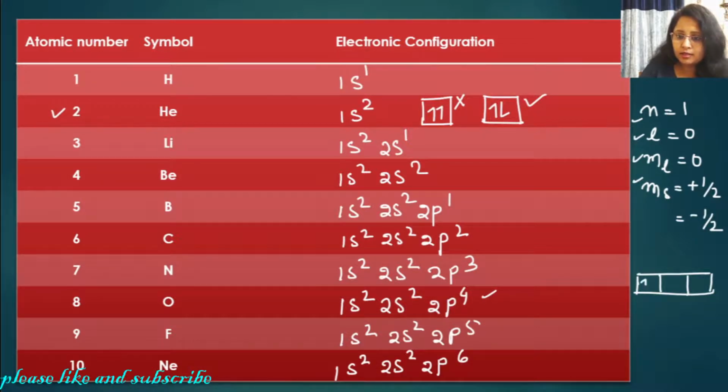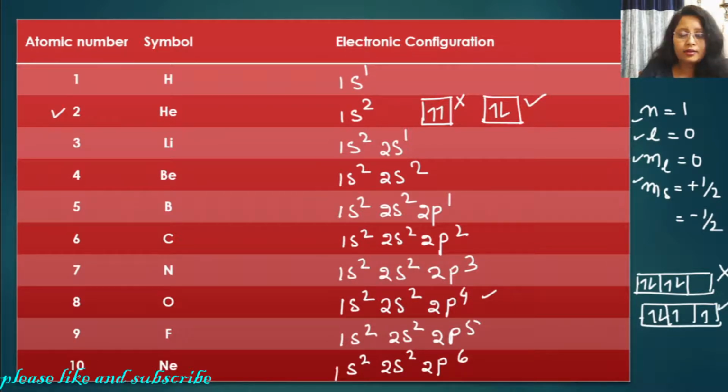We can write it here 1, 2, 3, 4, or we can write like this, 1, 2, 3, 4. What is the correct way of filling the electrons? This way is wrong. This way is correct.